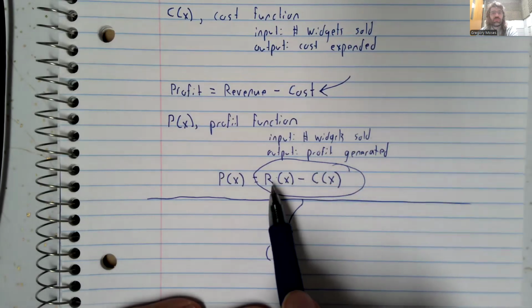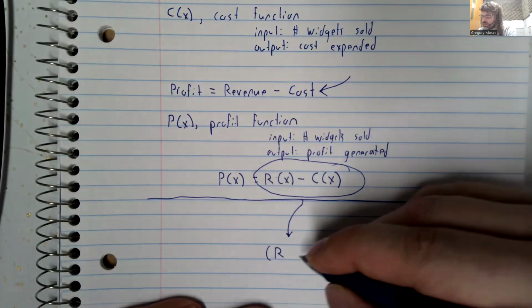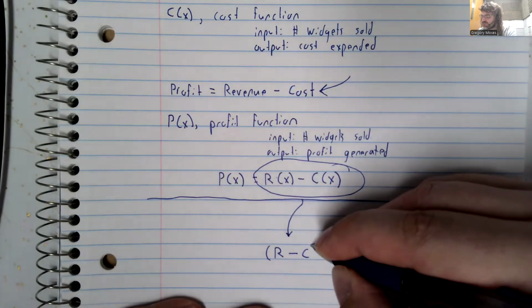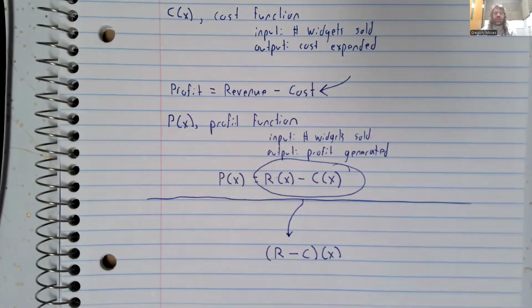Well, what's the name of this function? This function is named R. This function is named C. R minus C of X, which if I can find it in here we go.